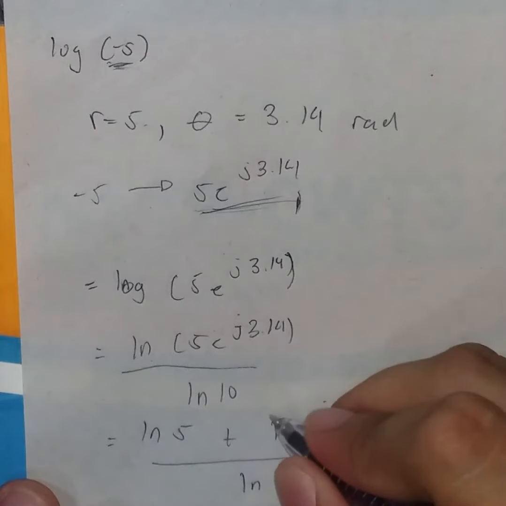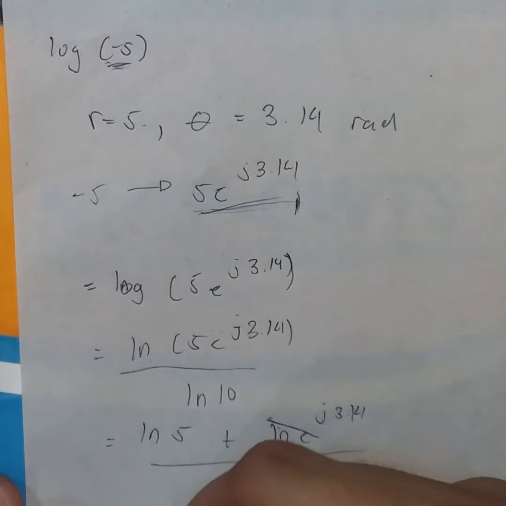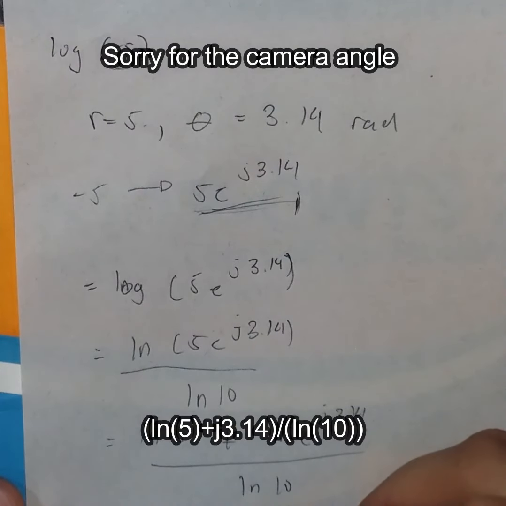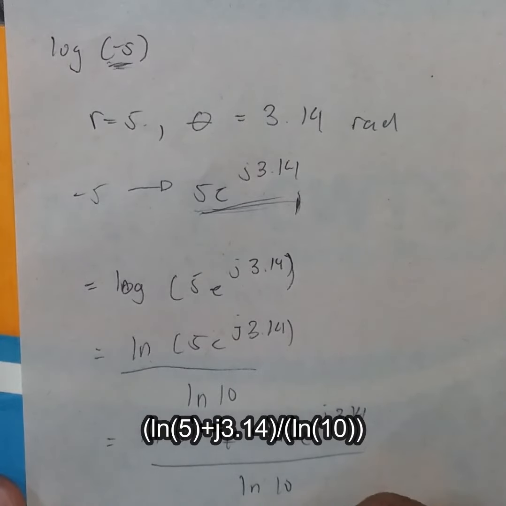Since ln of e is just 1, we cancel this out. So our final answer should be ln of 5 plus j 3.14 all over ln of 10.